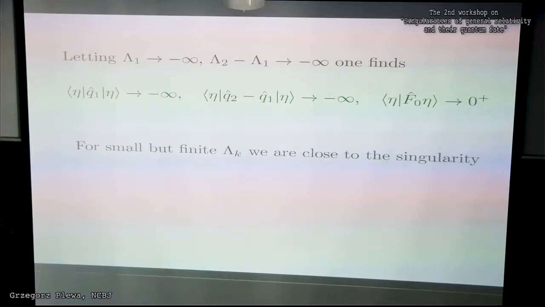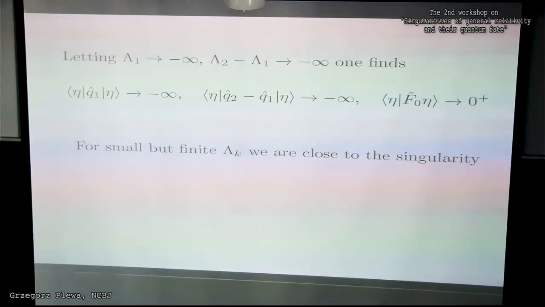Now, requiring that we are close to the singularity, or that this corresponds to the singular point, means that we should take very specific limits. So we should take lambda 1 and lambda 2 minus lambda 1 to minus infinity. However, from the practical point of view, it would be more convenient to keep them fixed.